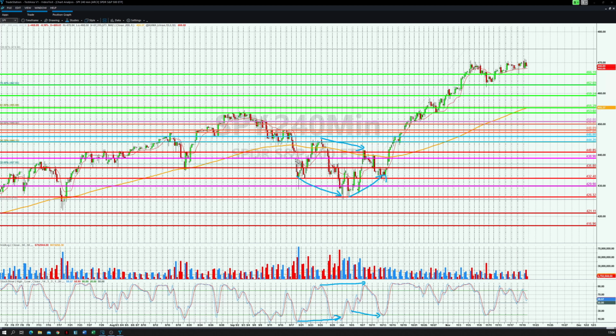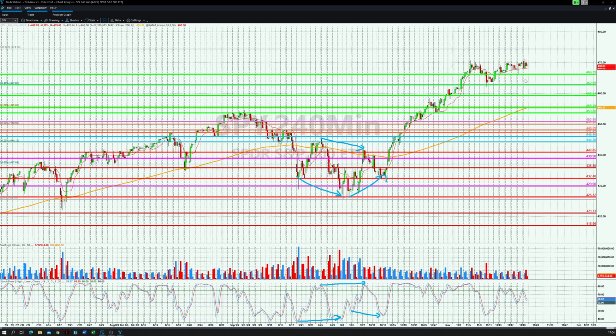It made this big move to the downside and then moved up to the 470, which was my initial plan, that the S&P should reach the 470. And from this point, we see the S&P having a hard time breaking above the 470.